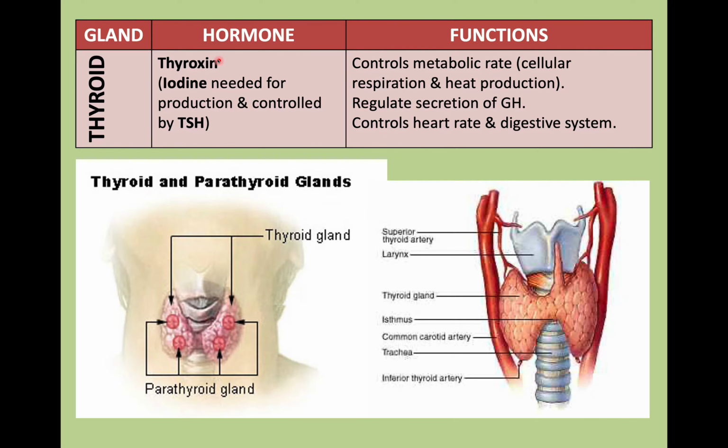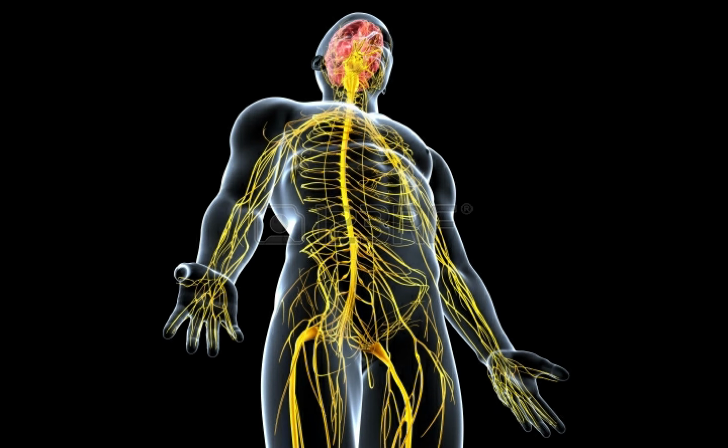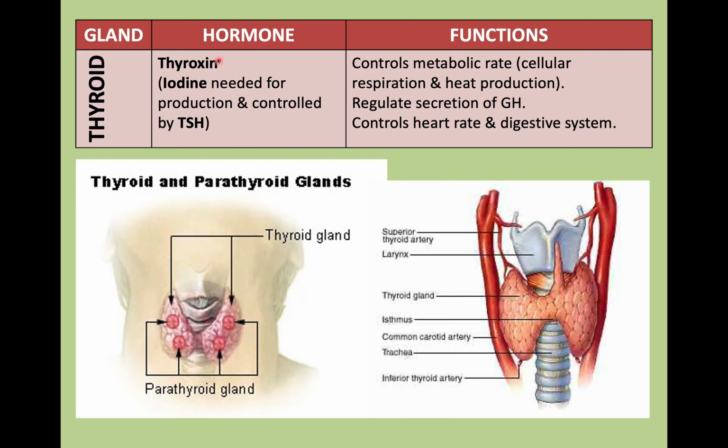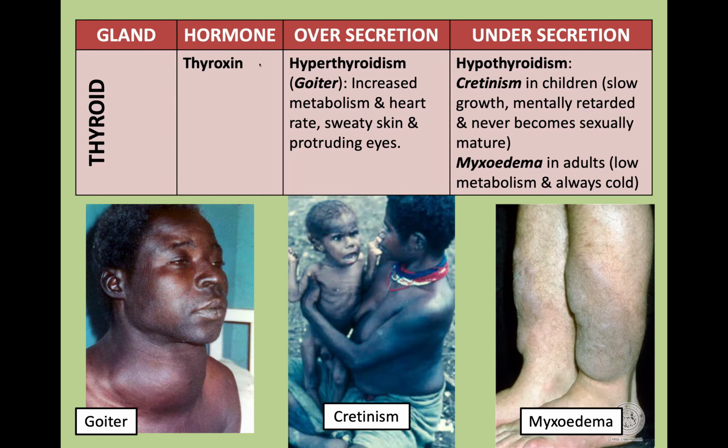Thyroxin is also important in controlling the normal development of the skeleton, the nerves, the reproductive organs. Why? Because the raised metabolic rate increases the rate at which the cells are also becoming mature. Now, let's look at the effects over-secretion and under-secretion of thyroxin will have on the body.